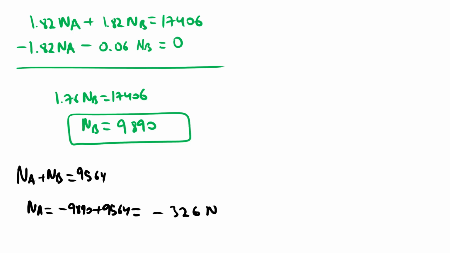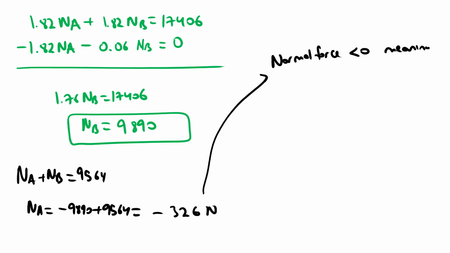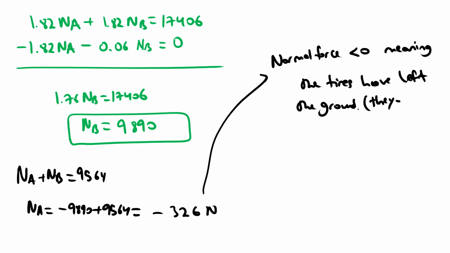Okay, so what it means is that normal force is less than 0, meaning the tires have left the ground. Okay, so they don't touch. This is for the front tires.